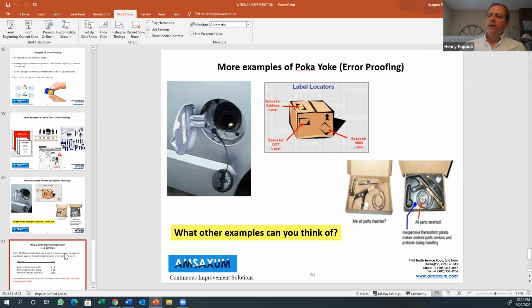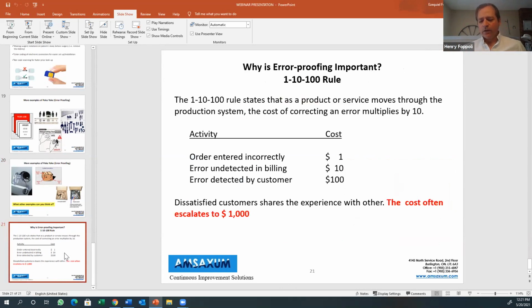And finally, here we have what is called the rule of 1-10-100, which tells you the cost of fixing defects or mistakes, and how that cost increases when we don't fix it right on the spot.